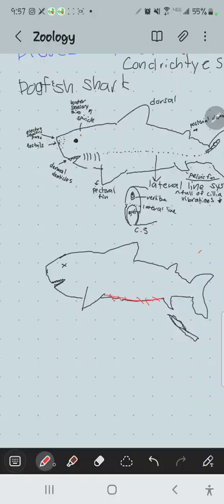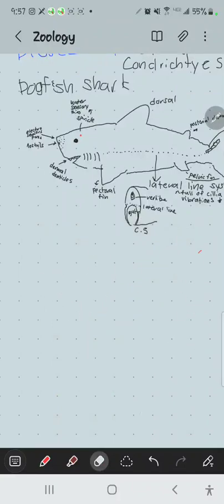Here is our ventral view of the shark. It's not quite so chubby, it's just that I flapped the body out a little bit. Okay, there's our shark. Here's the mouth here. Here's the gills.